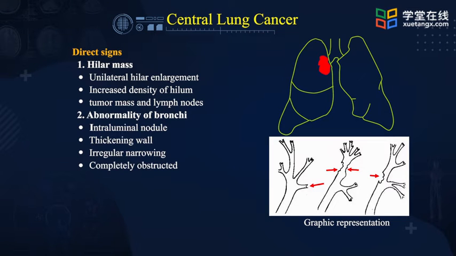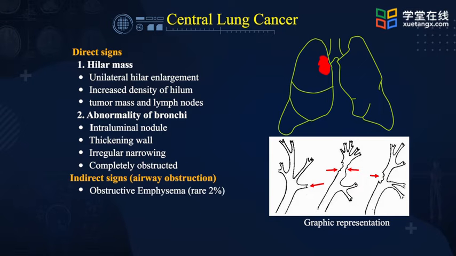CT scan can demonstrate unilateral hilar enlargement and increased density, tumor mass, and lymph nodes. The abnormalities of bronchi include intraluminal nodule, wall thickening, irregular narrowing, or complete obstruction. Indirect signs of airway obstruction include emphysema, atelectasis, and pneumonia.